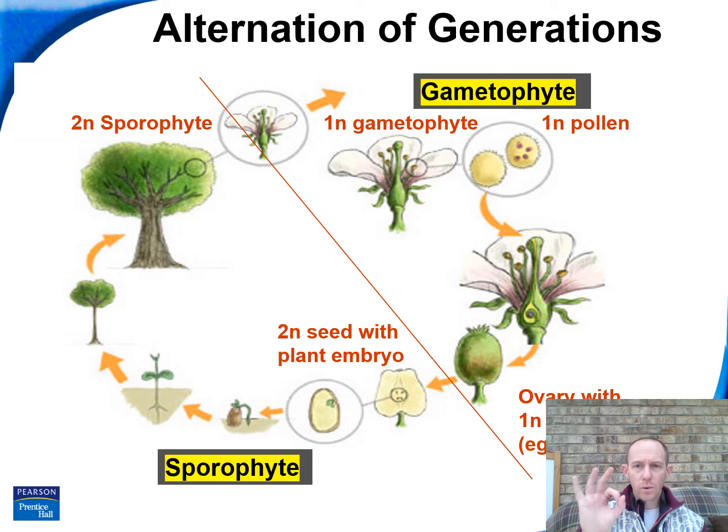If you're not really clear on diploid and haploid, just chill, because in the next lecture I will refresh you on that. So there's a good visual to help explain our alternation of generations. We alternate between a diploid sporophyte generation and a haploid gametophyte generation.